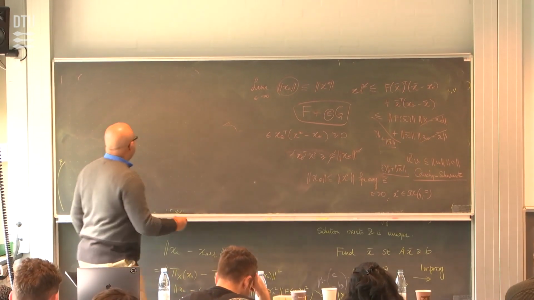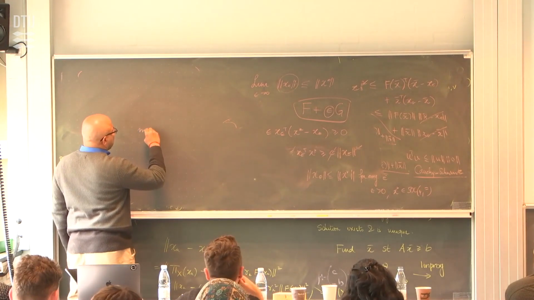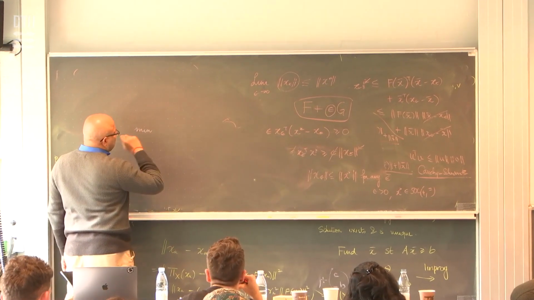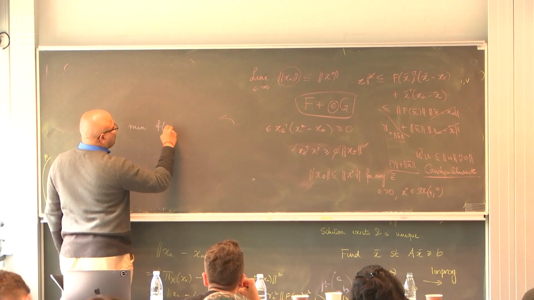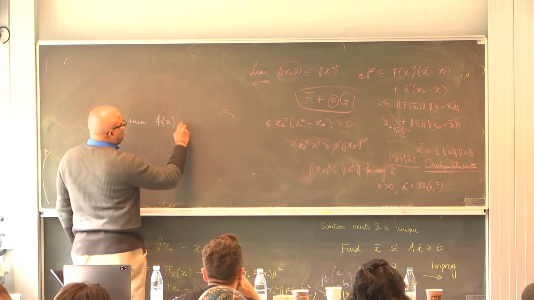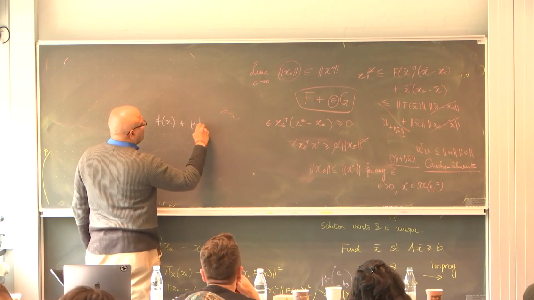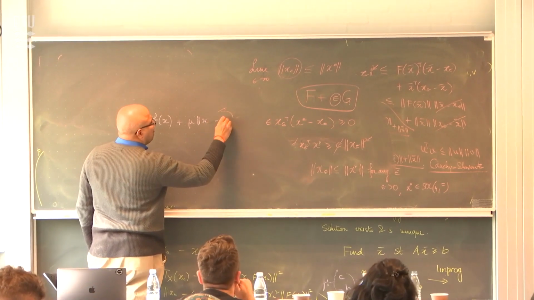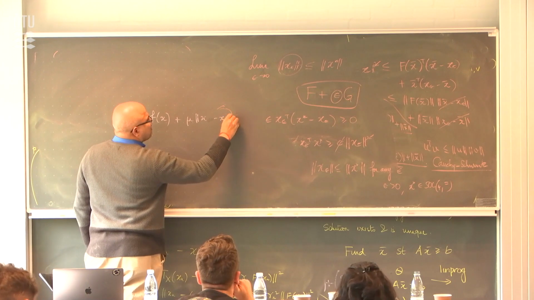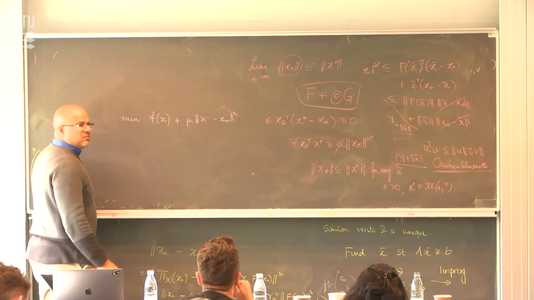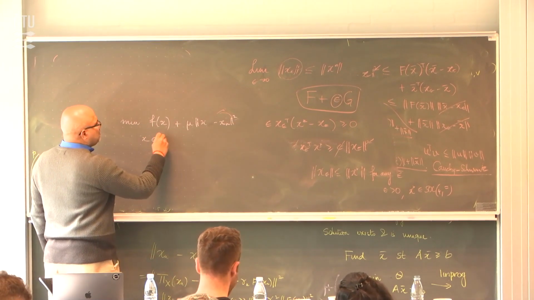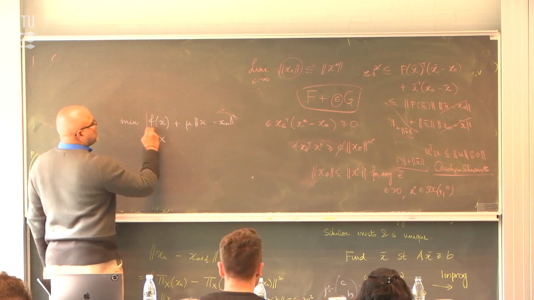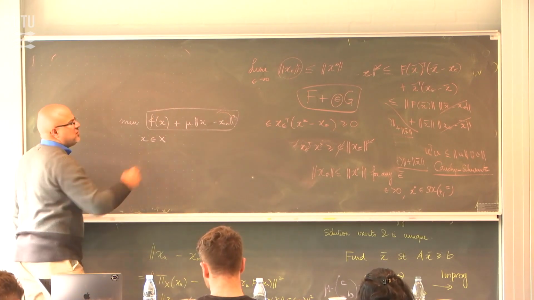So let's take a simple problem. If I told you I have a problem like this where f is convex and I want to solve another optimization problem, but I want to make sure I'm close to my previous iterate. Now, if f is convex, what is the convexity property of this function?